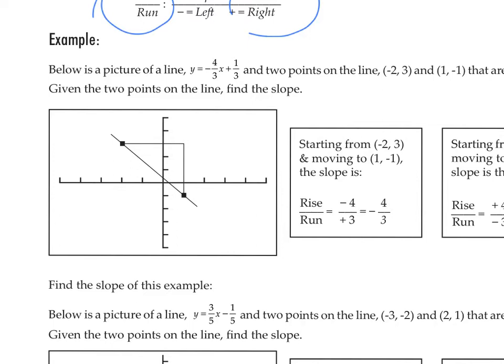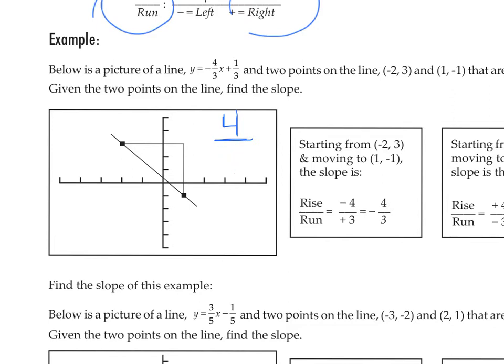So the rise of the slope would have a 4 in the numerator, and then the run will be how long the triangle is horizontally. So 1, 2, 3, 4, also 4. So the slope ratio for this triangle is 4 over 4. I'm sorry, it's not 4 over 4.